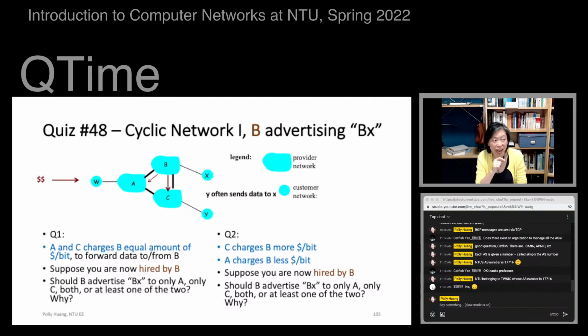And again, you are hired by B, so you need to be thinking in the perspective of B, trying to make profit for this newcomer ISP B. Should B advertise BX to A only, to C only, to both of them, or to at least one of them? Okay, for both Q1 and Q2, provide your reason.